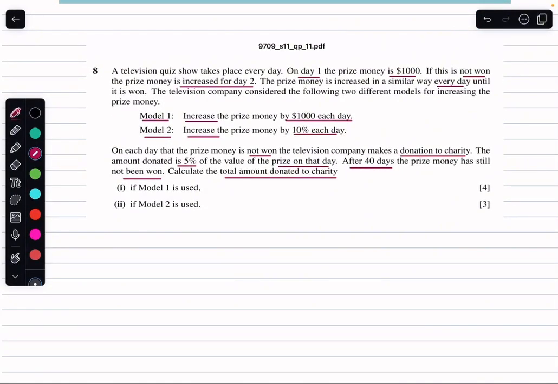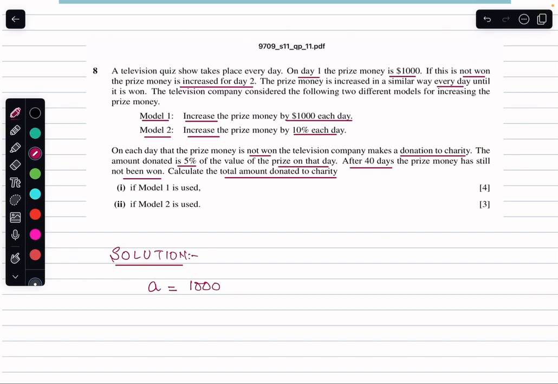So on day 1, we are doing the solution here. On day 1, that means it's the first day, therefore we are talking about the first term, which is going to be our A in this case. The prize money is $1,000, meaning on day 1 we are talking about $1,000, which is our A, and then it's increased each day.